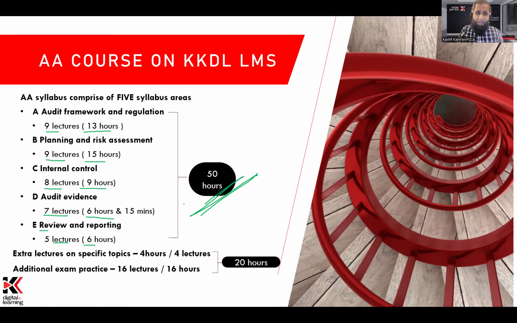Then there are some extra lectures on specific topics which have not been covered above in A, B, C, D, E, like internal audit, computer-based audit, or assertions. I've spent 4 hours on that across another 4 lectures. And then there is additional exam practice. There is practice within A, B, C, D, E, which is why I wrote the word additional here. So this is additional exam practice of 16 lectures and 16 hours.